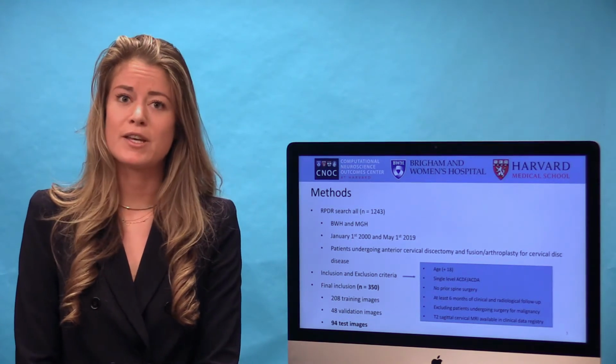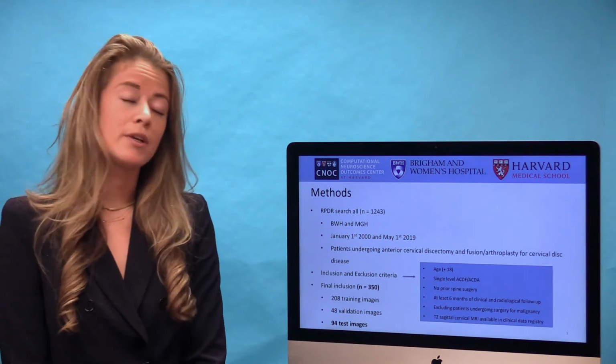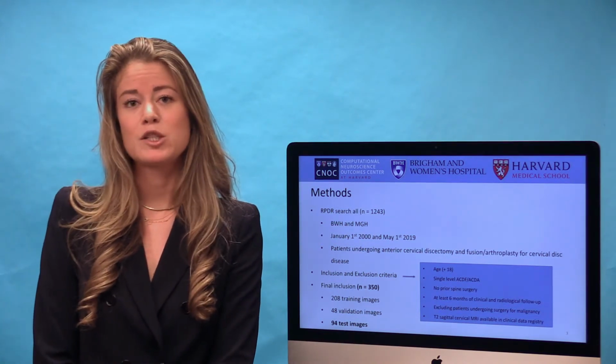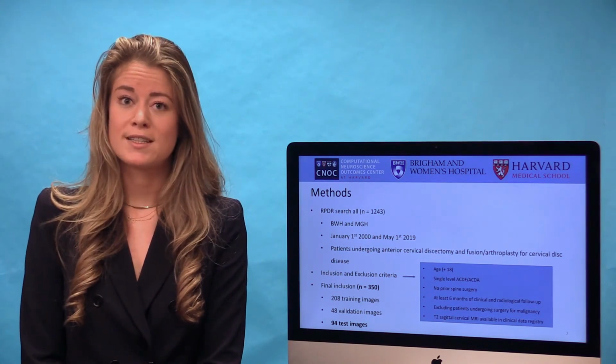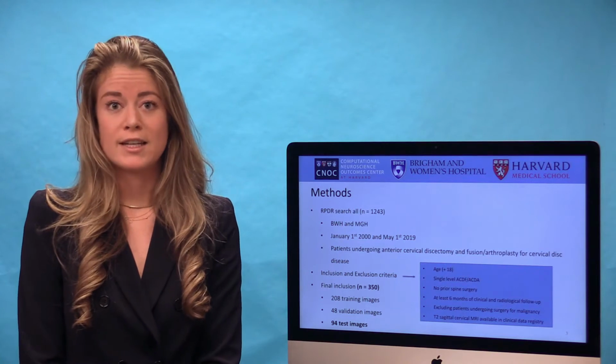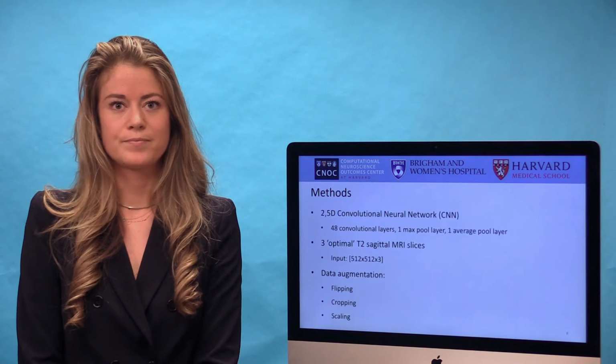We also excluded patients that underwent surgery for malignancy. We were then able to include 350 patients, and we split our data set into 94 test images, 48 validation images, and 208 train images.